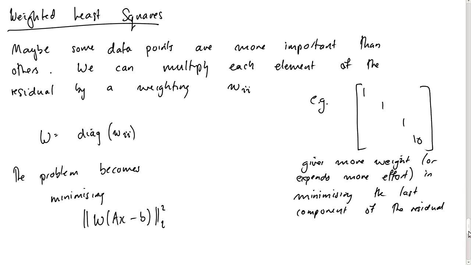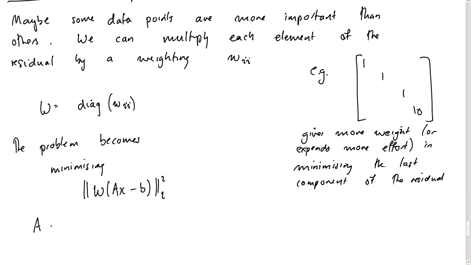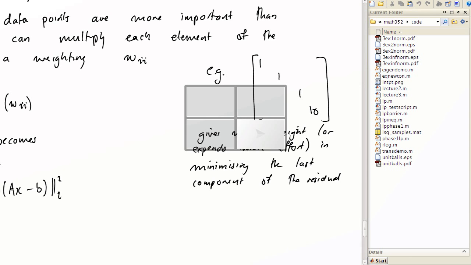So in other words, A gets mapped to WA, A becomes WA, and we replace B with WB, and we're in business. Okay, so just to finish off, we'll do that for the problem we had on the board before.